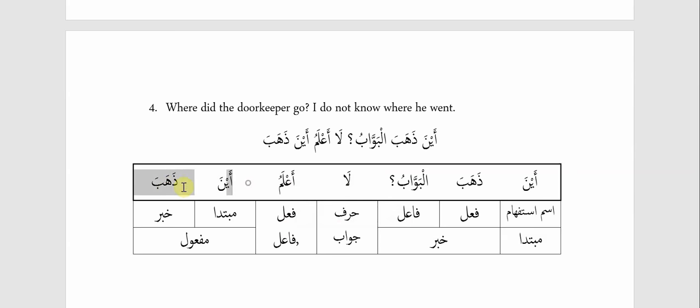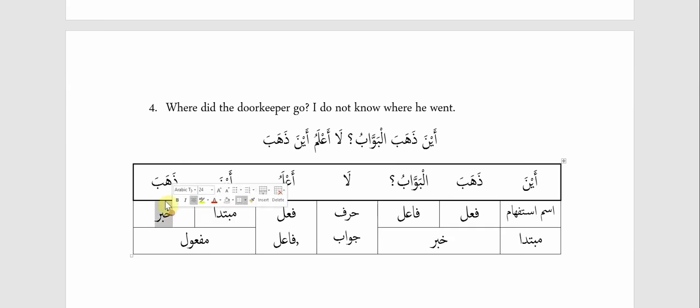And then once again, أين ذهب, where he went. That's مبتدا خبر again, مفعول. So أين, because it's a noun, is followed by the khabar. Here أين is going to be your mubtada.